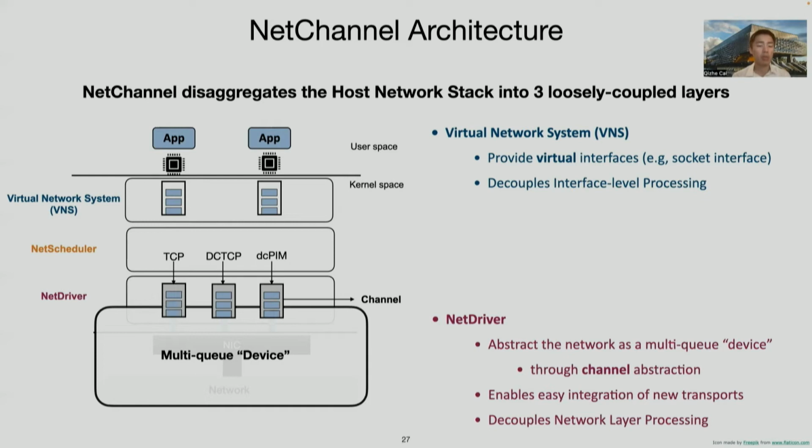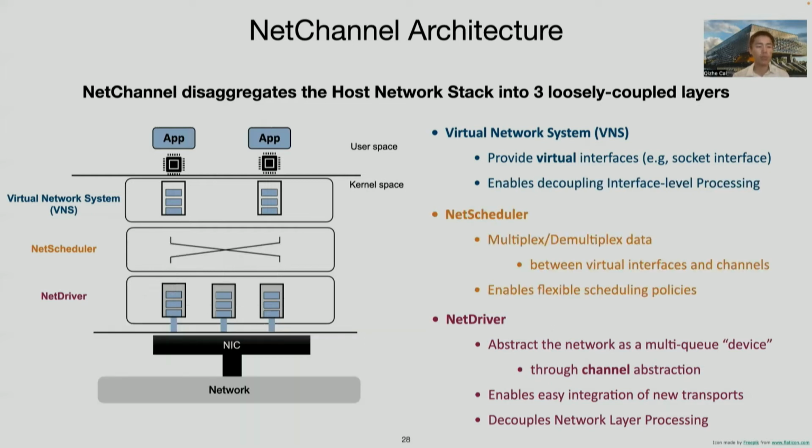Channels can be implemented on top of any network transport, and integrating a new transport is essentially equivalent to writing a device driver for this multi-queue device. The NetDriver decouples network layer processing from the rest of the architecture. The mapping of data from virtual interface to channel is controlled by NetScheduler.